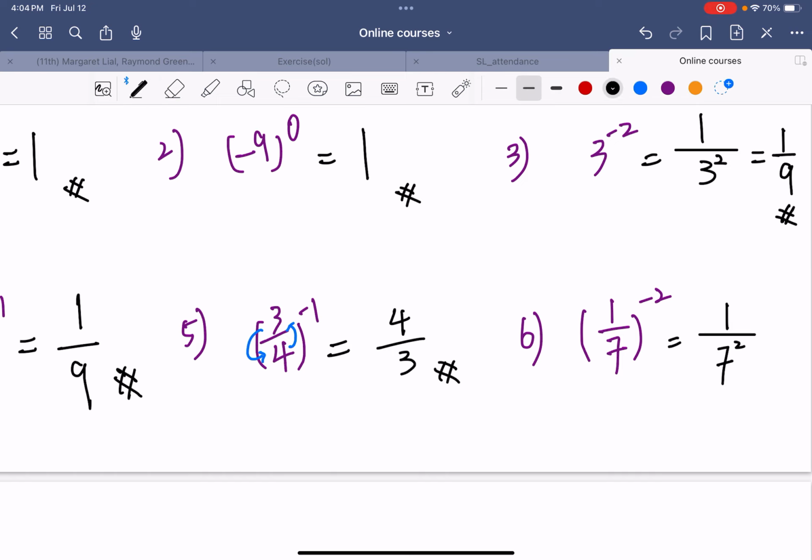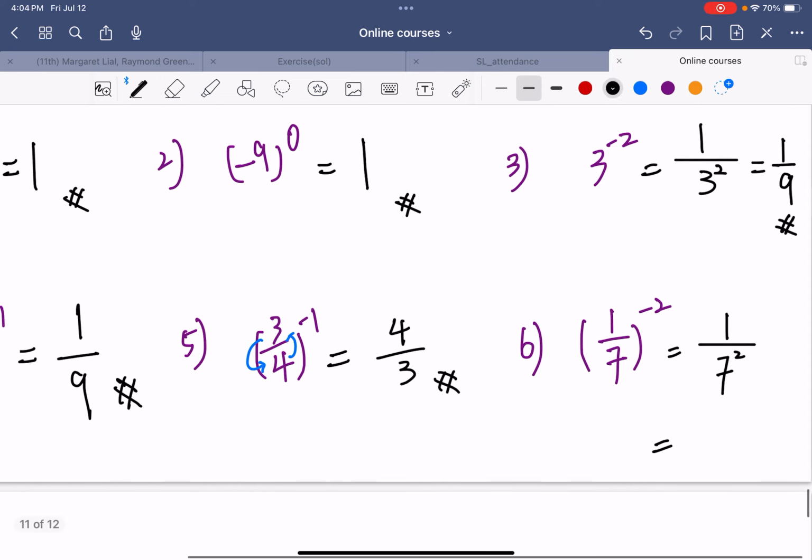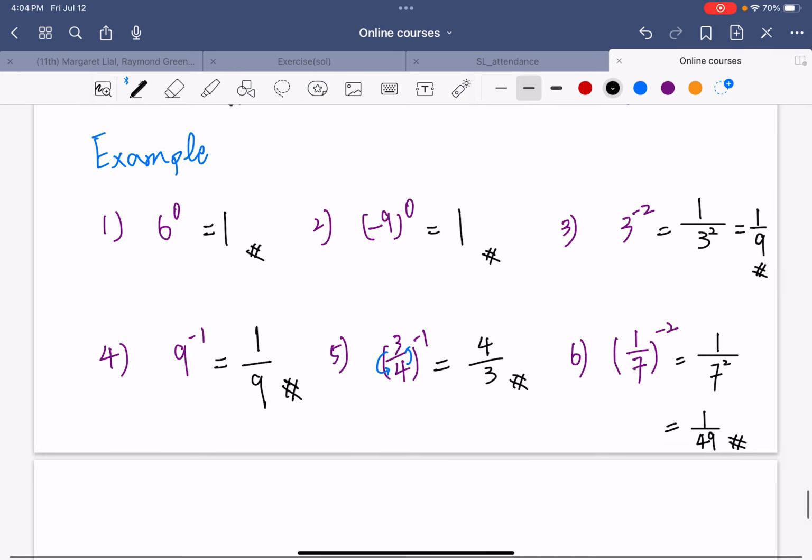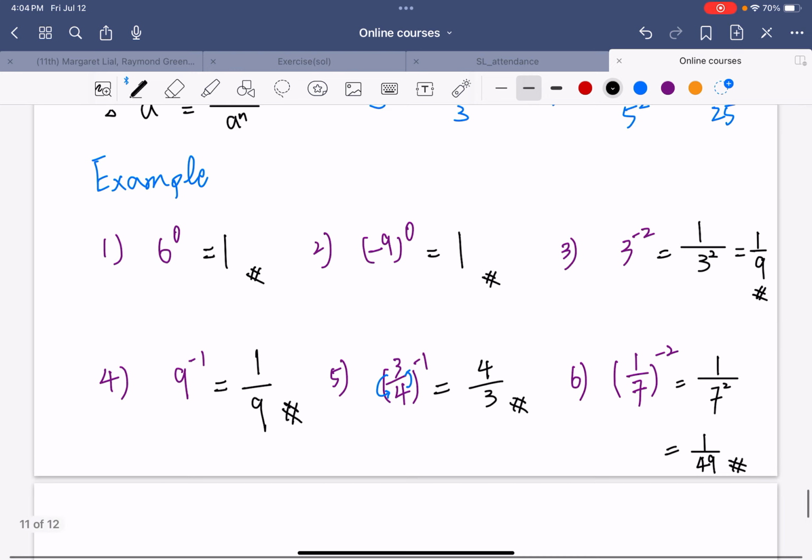Then what is 7 squared? That is 49 in the denominator, and the numerator is 1. So that's our answer.